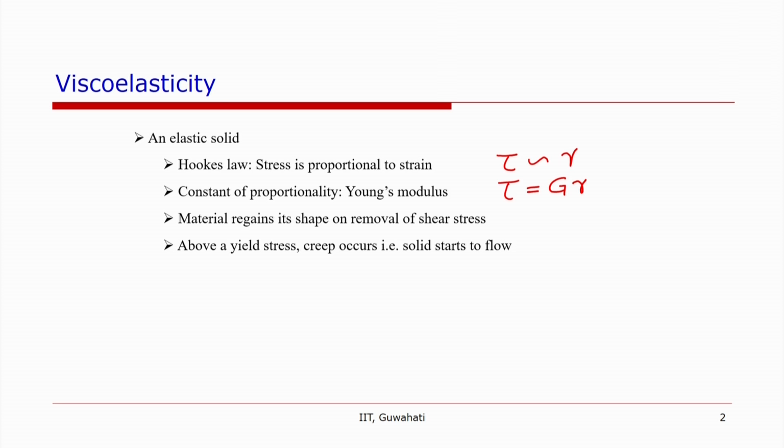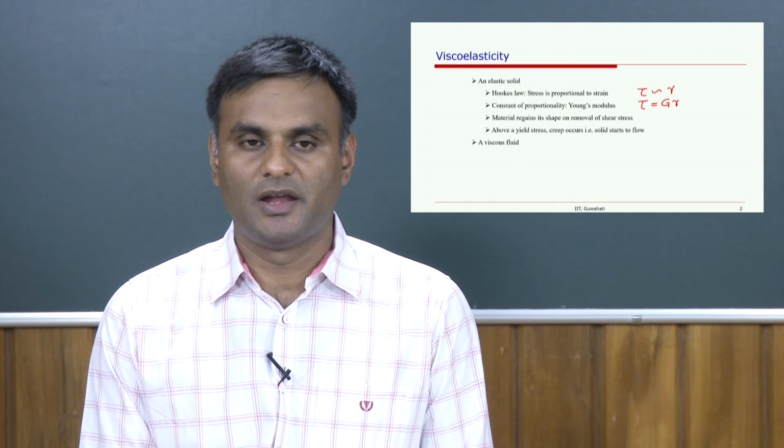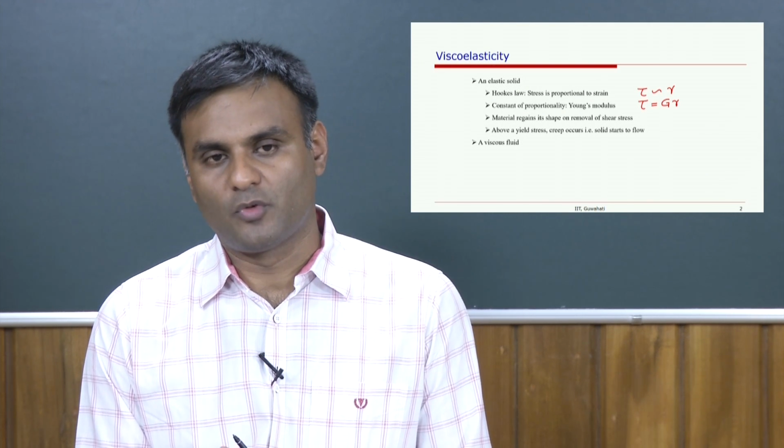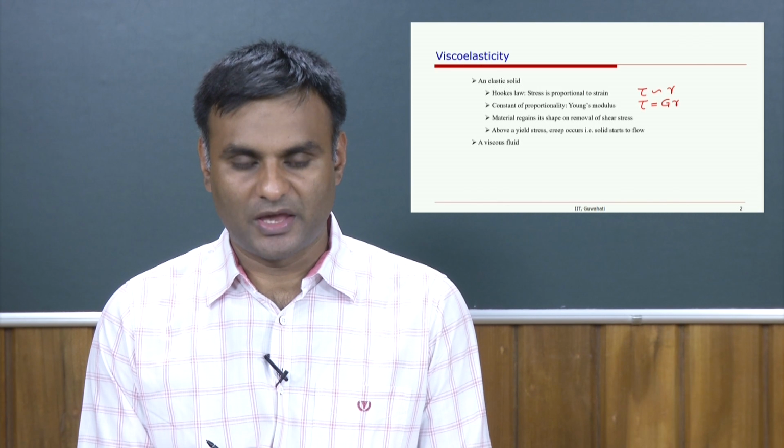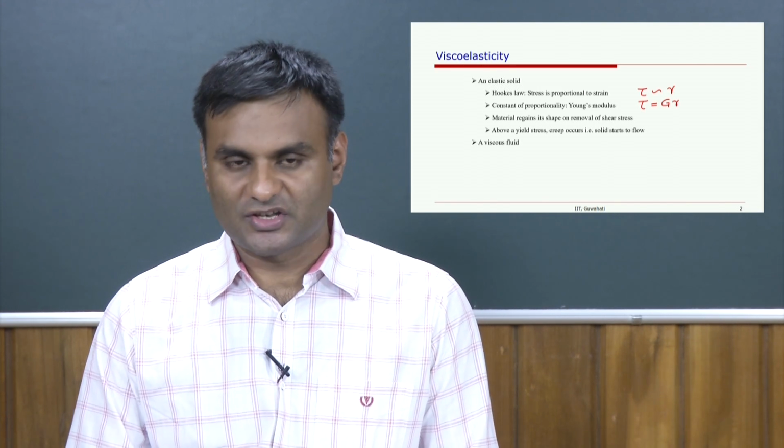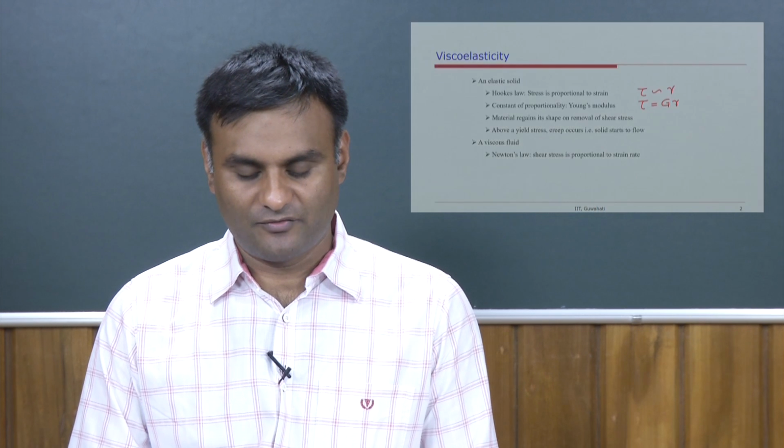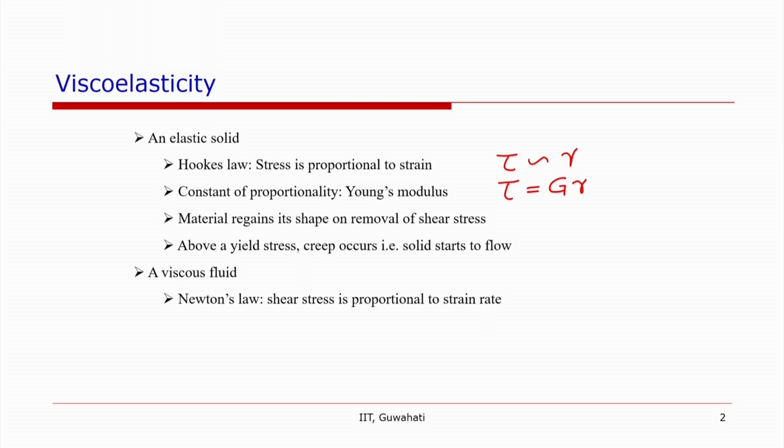Now, a viscous fluid. All the fluids that we see show a little or a greater amount of viscous behavior. A viscous fluid, as we have studied earlier, follows Newton's law of viscosity, and the shear stress that is applied on the fluid is proportional to shear rate.